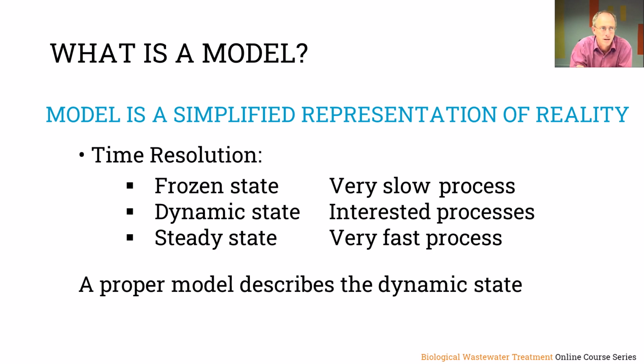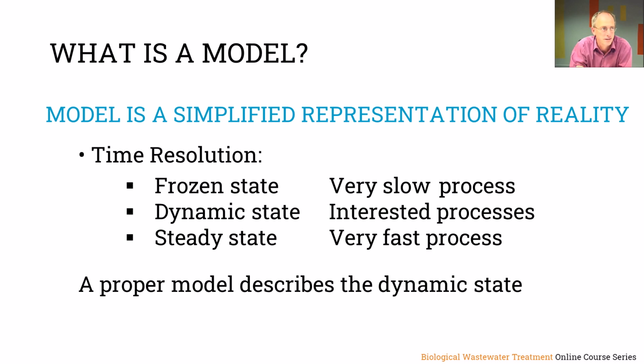But within that one day, the concentrations in the sludge digester, which is also sometimes part of the total activated sludge model, will not change, because usually there is a hydraulic retention time of 30 days, so the characteristic time of change in a digester is in the order of 2-3 weeks. You can consider what is happening in the digester as a kind of frozen state. There's hardly any variation if you compare that to the variations in the wastewater treatment plant.